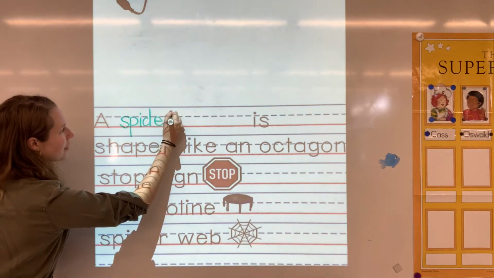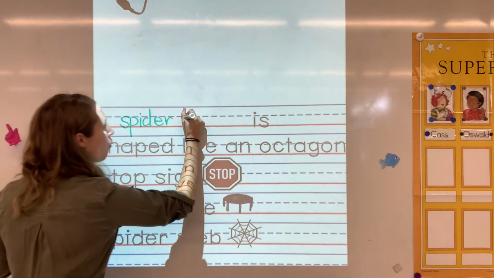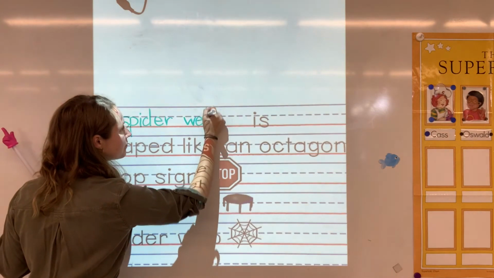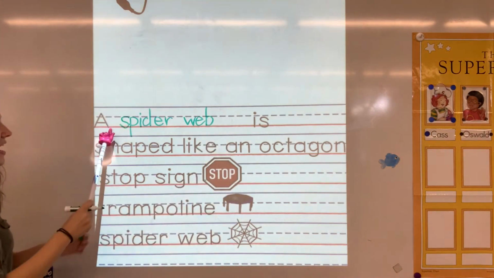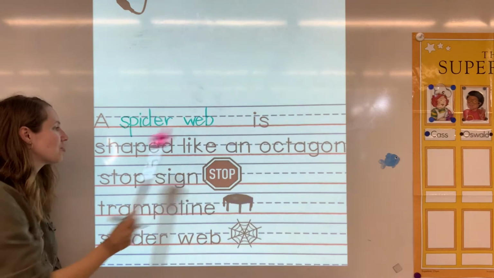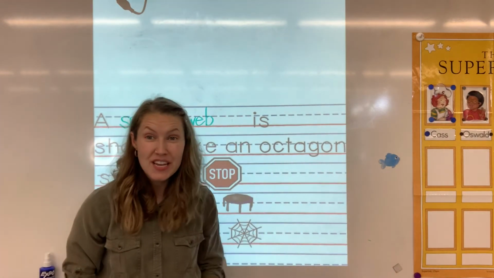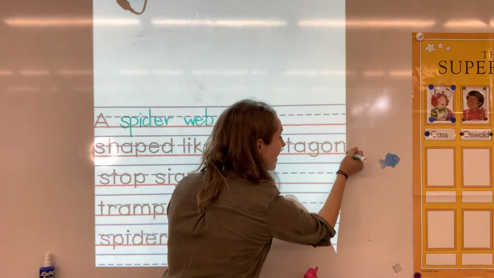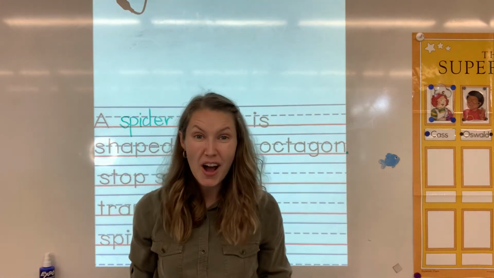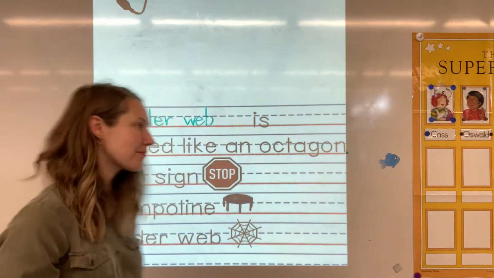S-P-I-D-E-R, and then I'm going to give some finger space. Web. A spider web is shaped like an octagon. And so many of you remembered to add a period at the end of your sentence. That is so awesome. I was so proud when I saw that.